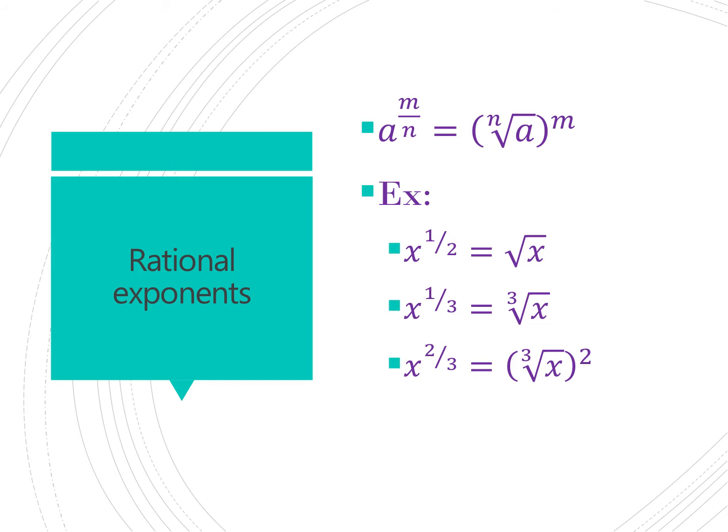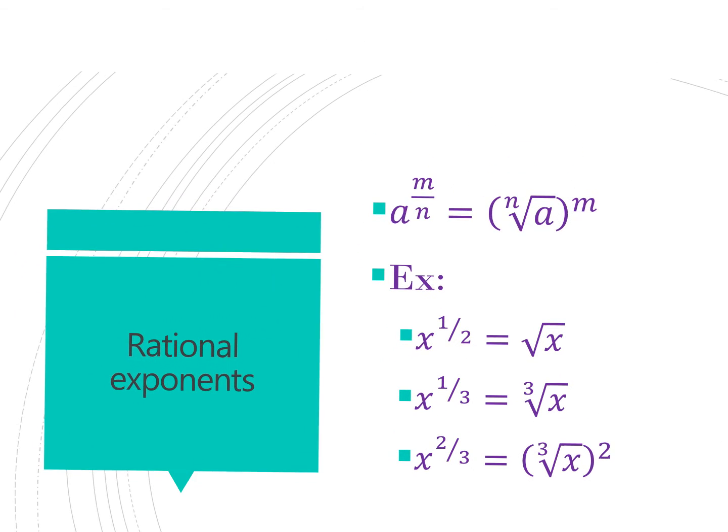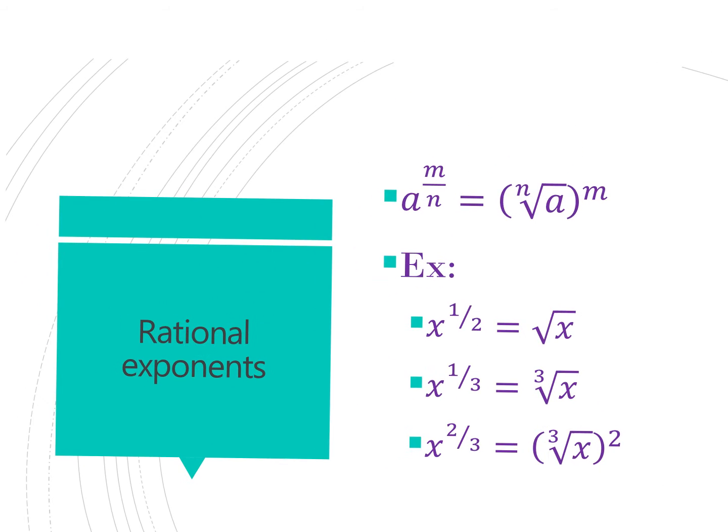So here is an example and how you break it down. When you have a raised to the m over n power, really what you're doing is turning it into a root. When I would teach this to my Algebra 1 class, or even my Algebra 2 class, I refer to the fraction, like here, the m over n.